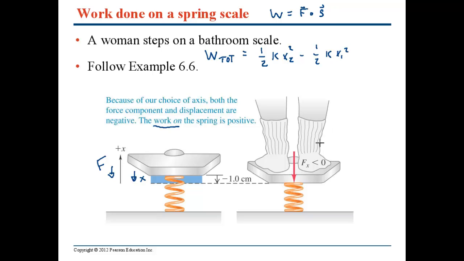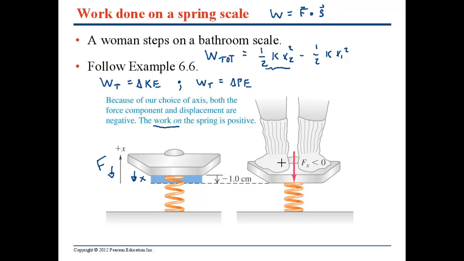This is very similar to the work energy theorem we saw earlier, that the total work was equal to the change in kinetic energy. Here, the total work done is equal to the change in potential energy of the spring. So this is not only the work done on a spring, but also its potential energy.